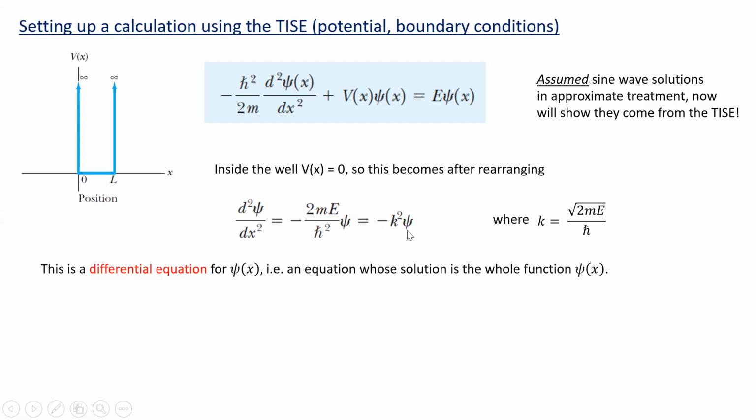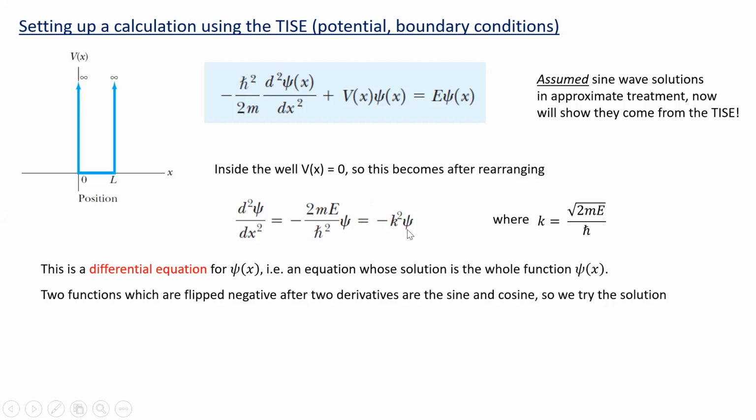And so two functions which are flipped negatively after two derivatives are the sine and the cosine. The derivative of sine is cosine, and the derivative of cosine is negative sine. So if you take two derivatives of sine, you get minus sine.